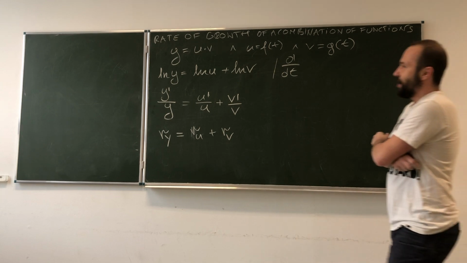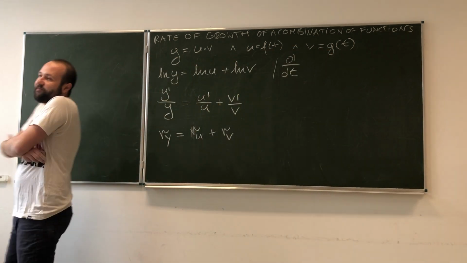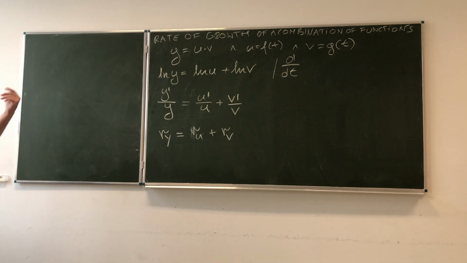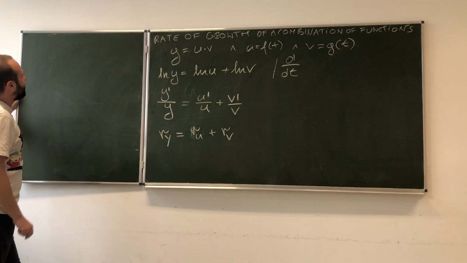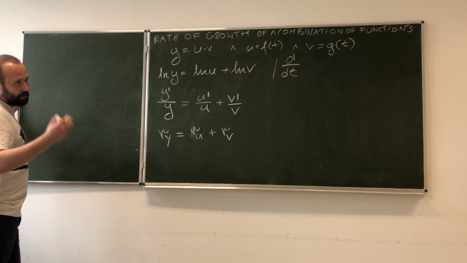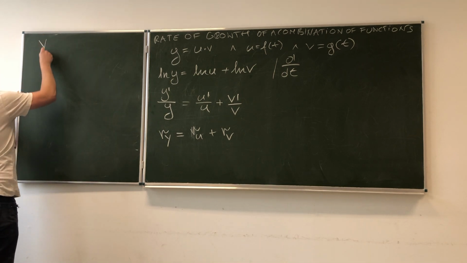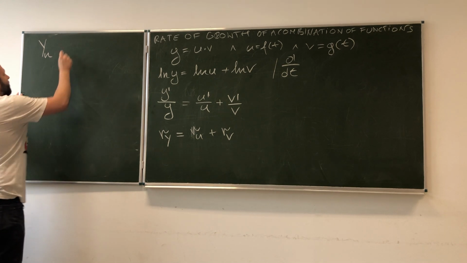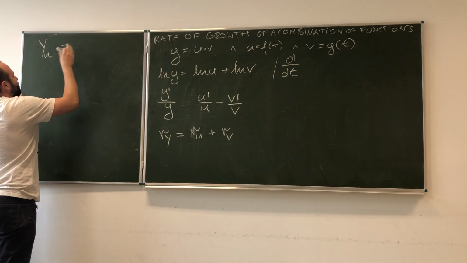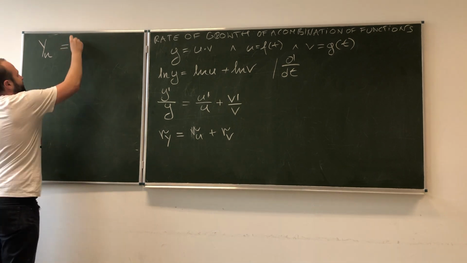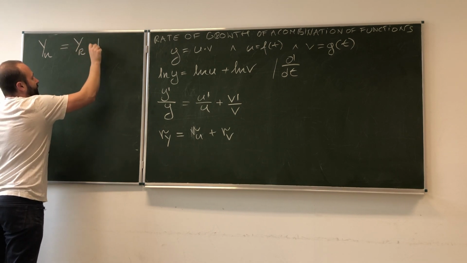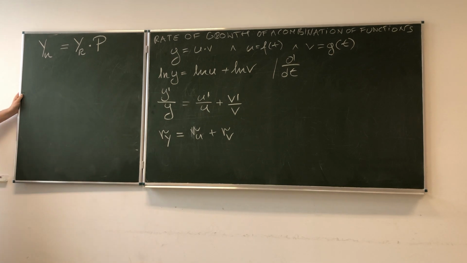Okay, how can we apply this? Well, there's a lot of examples where we can apply it, but let's start with something very common. Let's just say that Yn is nominal GDP. So nominal GDP is, in other words, real GDP multiplied by price level.